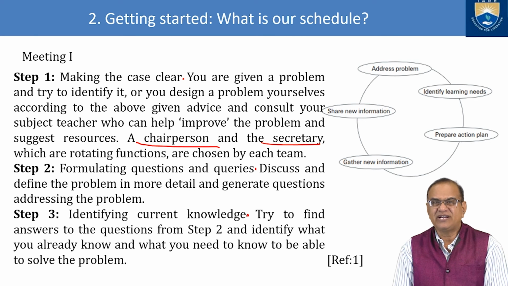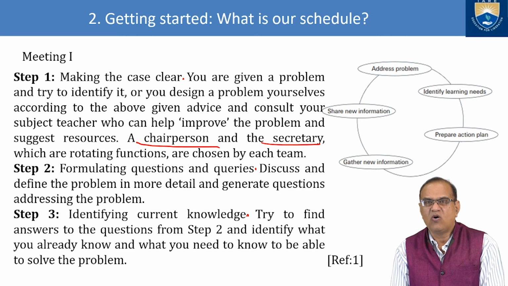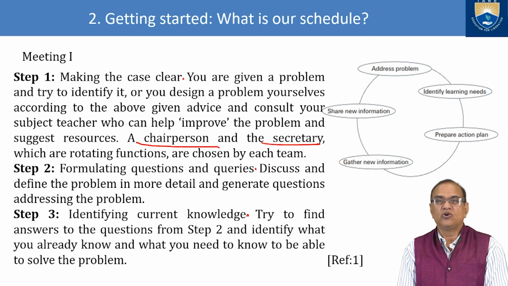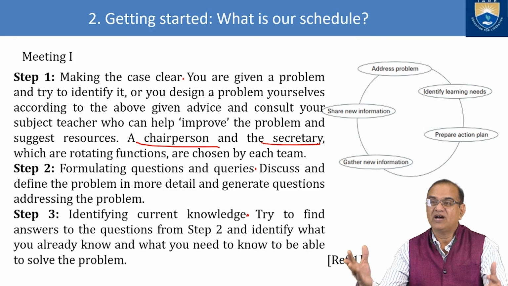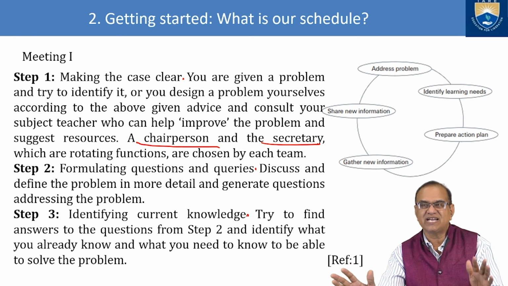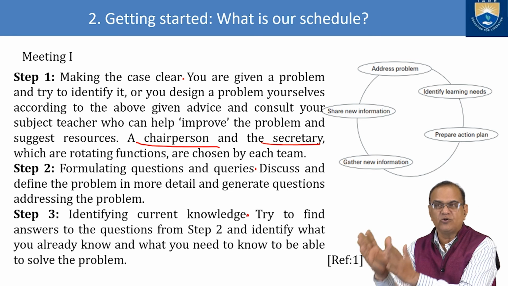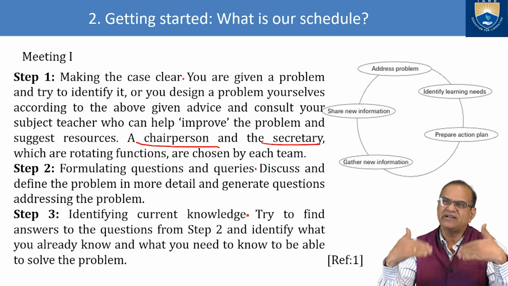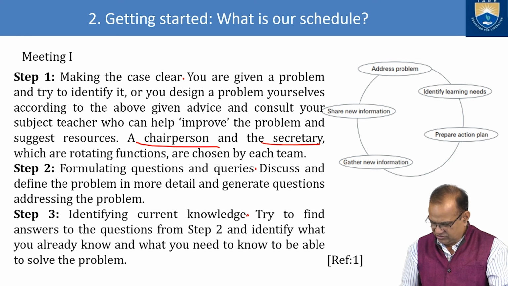And the third step is to identify current knowledge: find answers to the questions from step 2 and identify what you already know and what you need to know to be able to solve the problem. Because you know something, but you may not know so many things. So you should understand what I know and what I don't know. Those things which you don't know, try to learn them and try to implement them.